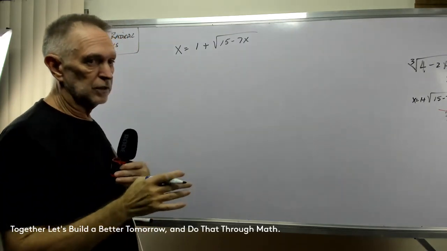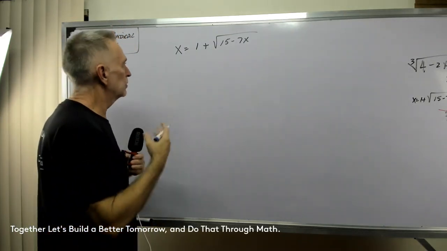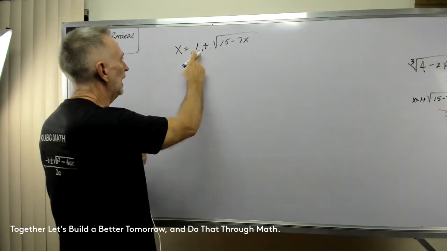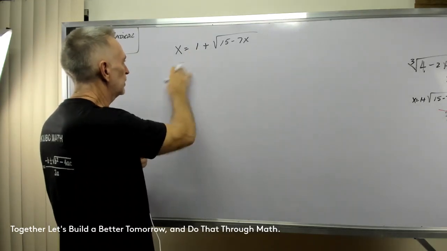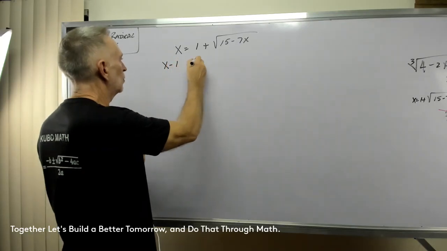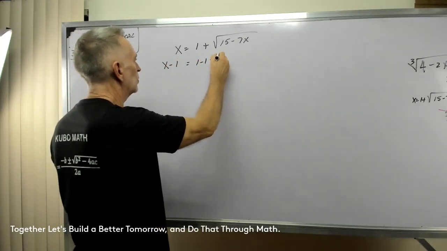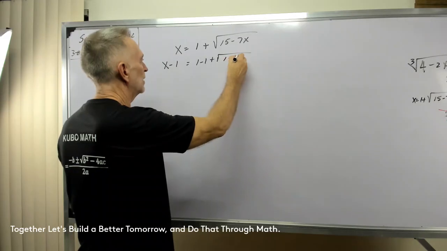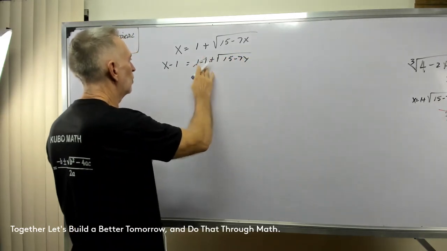Well, there's several ways you can do this. For me personally, I would just subtract 1 from both sides. So I have x minus 1 equals 1 minus 1 plus square root of 15 minus 7x. So these ones would cancel.